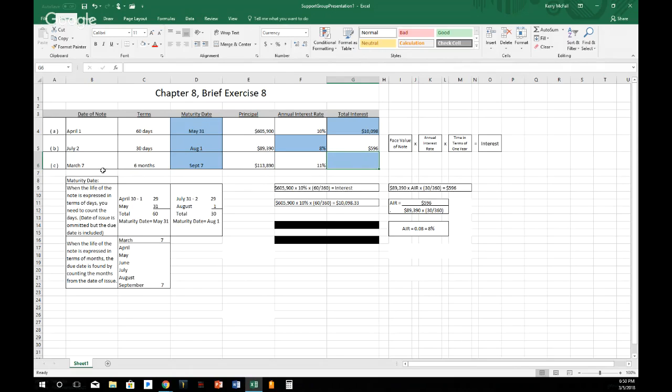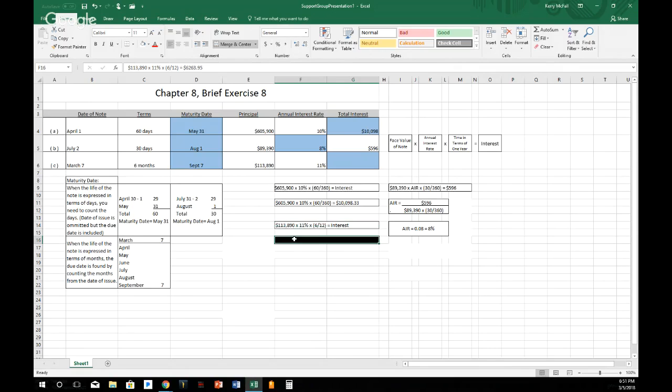This third note is similar to the first one, obviously. We have our face value of $113,890. Then we multiply by our annual interest rate of 11%, times our time in terms of 1 year. In this case, we are not dealing with days anymore, we're dealing with months. So it would be the 6 months divided by the 12 total months, which gives us our time in terms of 1 year.